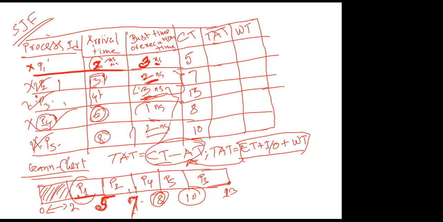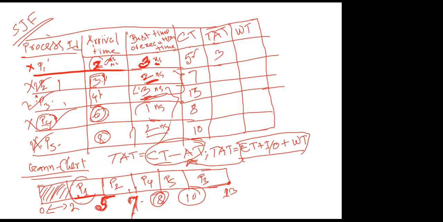From here we know the CT, and we also know the arrival time, so we can easily calculate the turnaround time. For process P1, CT is 5 and arrival time is 2, so 5 minus 2 is 3.